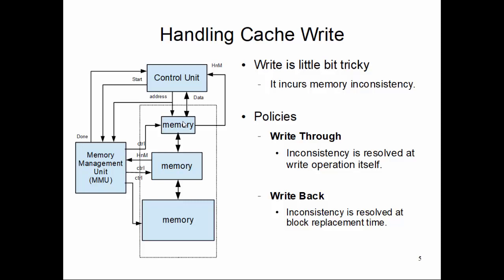You've seen in my previous lecture that there can be a situation where two different blocks are assigned to the same cache line, and in that case the old block gets replaced with a new block.